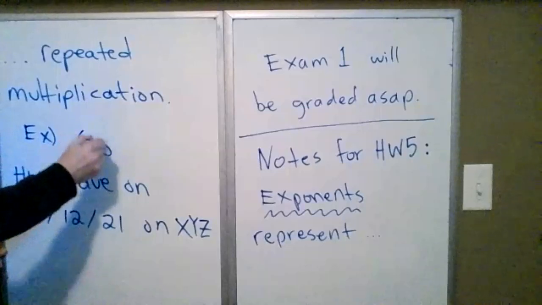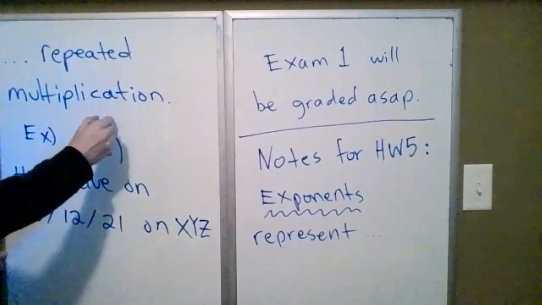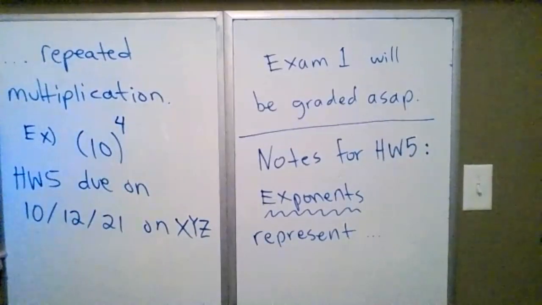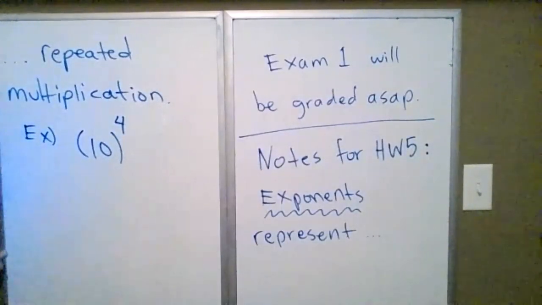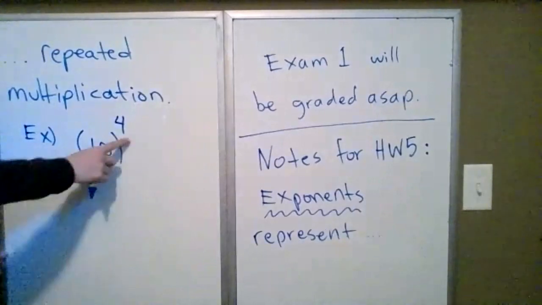Your base is 10 and your exponent or power is 4. It's asking you to multiply 10 with itself 4 times.